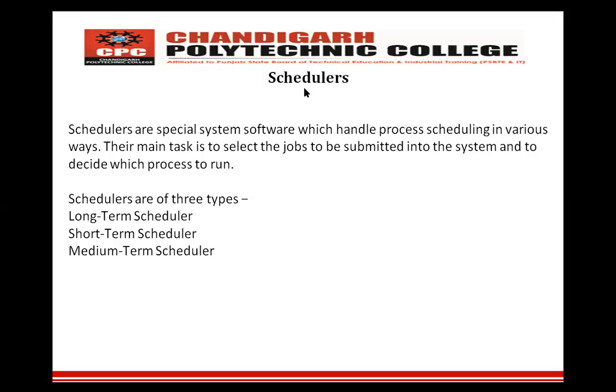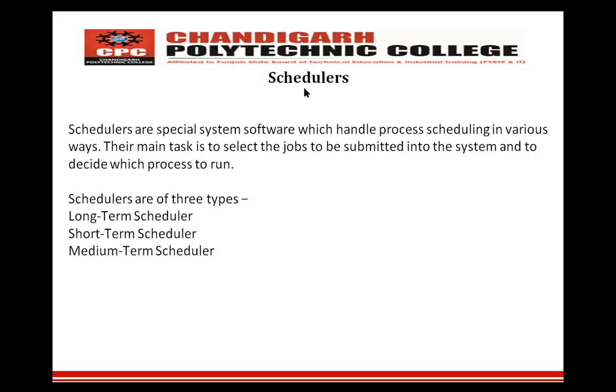At a time, which process is allocated the CPU and goes into the running state is done with the help of the schedulers. Its main task is to submit the process from the job pool and decide which process will get the CPU.